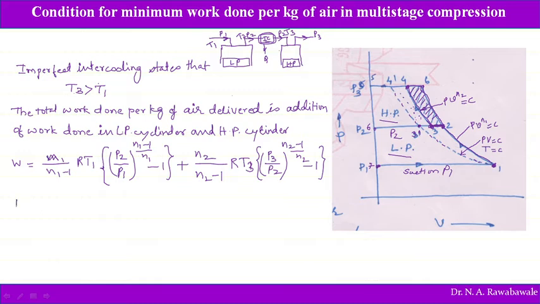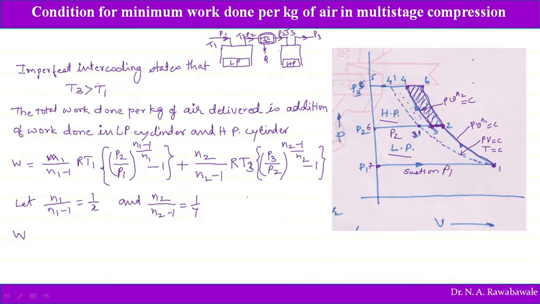Now let us assume that n1 divided by n1 minus 1 is equal to 1 over x, and n2 divided by n2 minus 1 is equal to 1 over y.